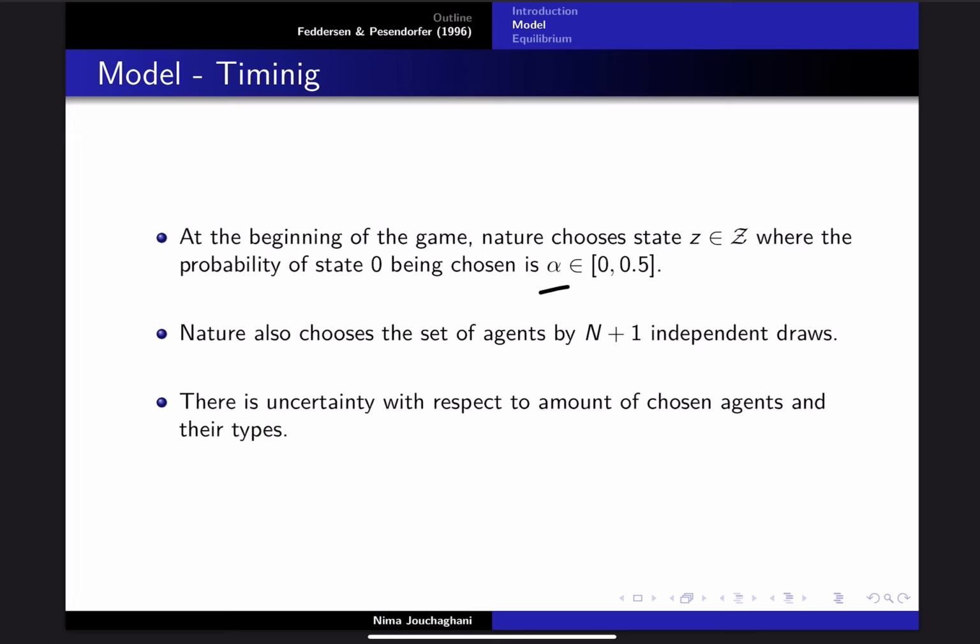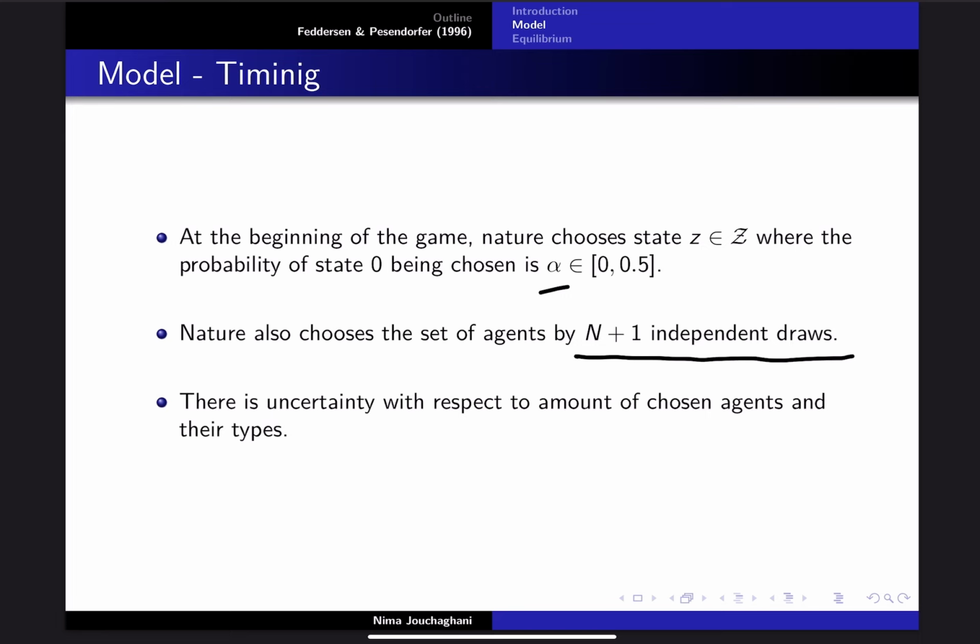In addition to the state, nature also chooses the set of agents by n plus 1 independent draws. It's n plus 1 because later, when we do the analysis, we will always make the analysis from the perspective of one agent, and then there are capital N other agents.